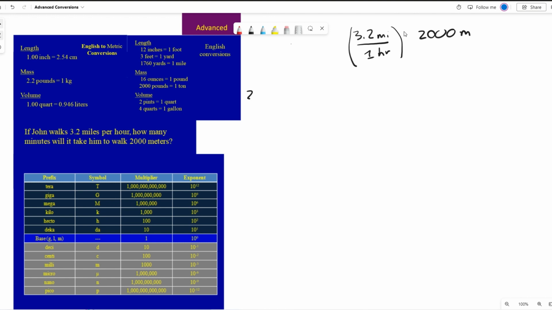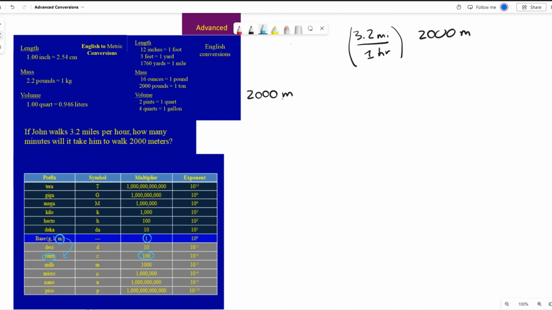So if we have 2,000 meters, and the conversion factor for length is 1 inch is equal to 2.54 centimeters, we need to first go from meters to centimeters. So that's going to be our first step. We have our base unit here in meters, and we want to go into centimeters down here. So that will be the first step, and we can see that's a 100 to 1 ratio there.